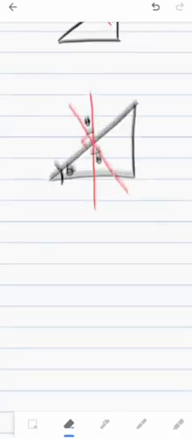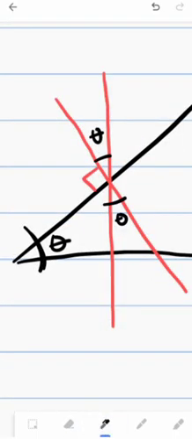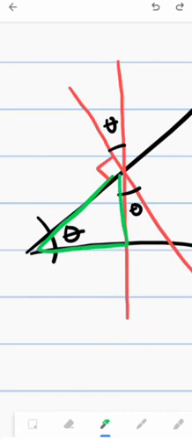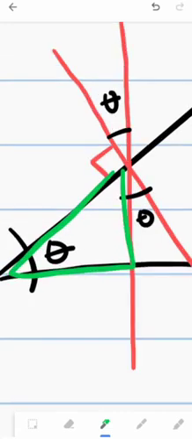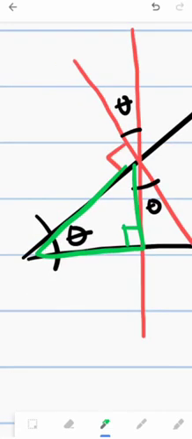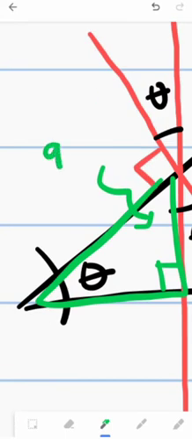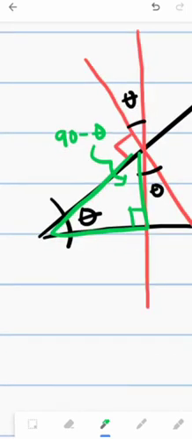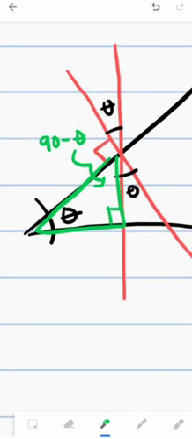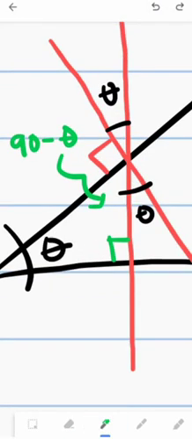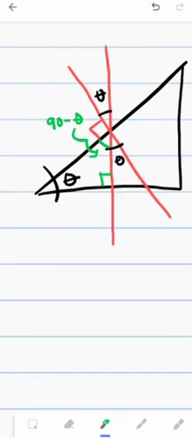Now, since this is theta, focus on this triangle right here. Since this is a right triangle, this should be 90 right here, and this should be theta. Then the angle left here should be 90 minus theta, because the sum of interior angles is equal to 180.